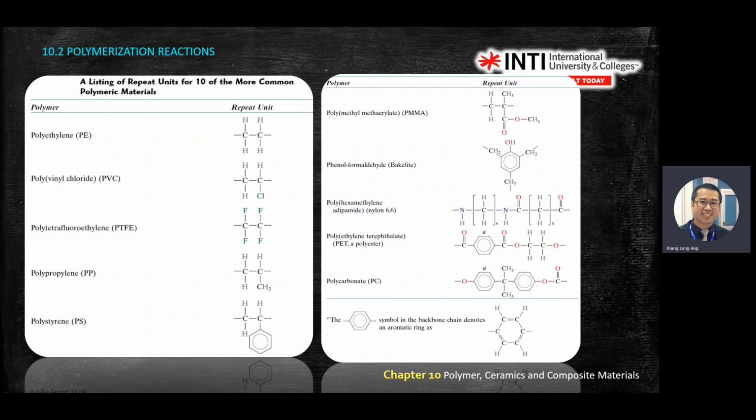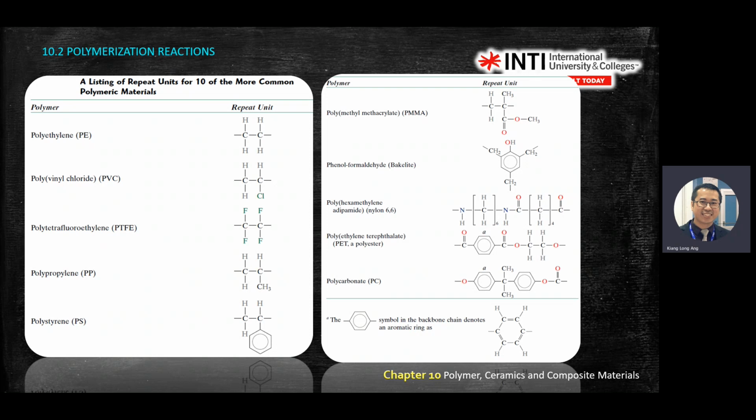Then it asks you to write, explain the polymerization process or calculate the degree of polymerization. Again, pay attention to equations that you learn. If there's any equation, that is the area where we can assess your understanding. So if we deal with equations, then pay attention to it. Graph, of course, phase diagram, you cannot run away.